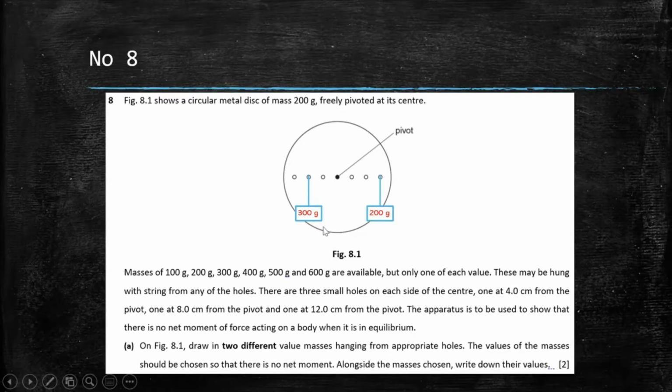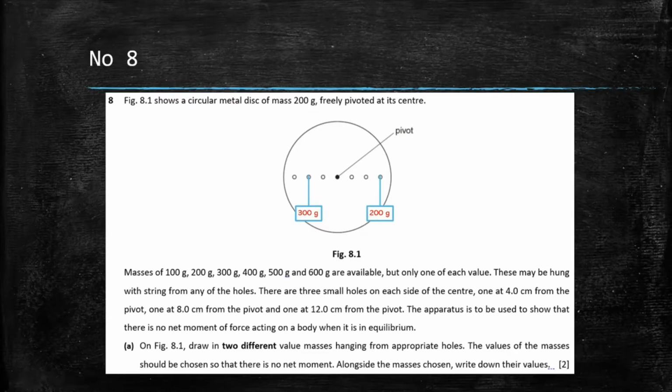You can exchange the position of the 300 gram and the 200 gram. So the 300 gram can be on the right side and the 200 gram can be on the left side. But still, you have to put the 300 gram on the second hole of the right side. And the 200 gram must be put on the third hole of the left side.